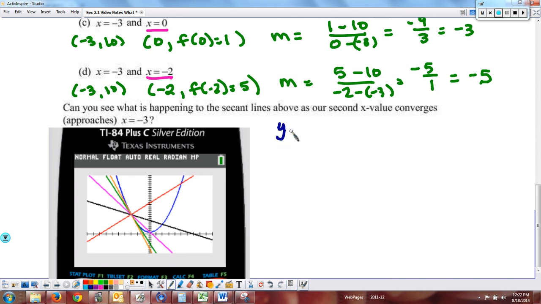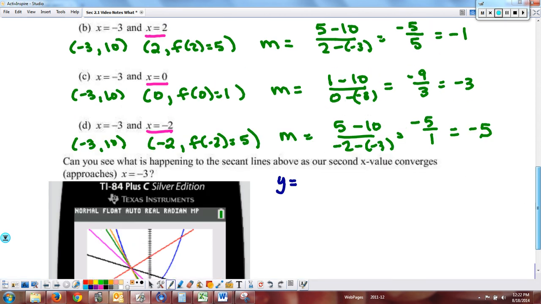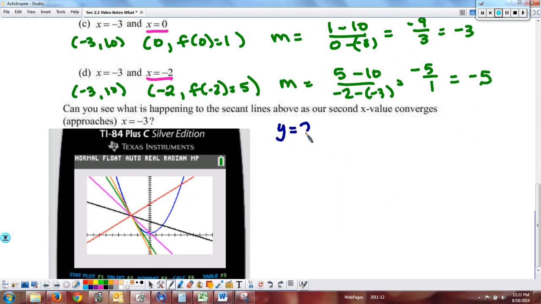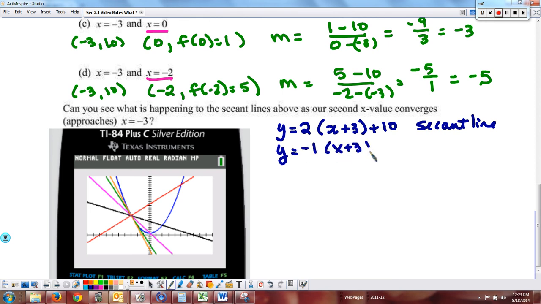For the first one, I would have done y equals my slope, 2, times x plus 3, plus 10, to get the secant line. For each one I simply changed the slope: -1 times x plus 3 plus 10, -3 times x plus 3 plus 10, and -5 times x plus 3 plus 10.